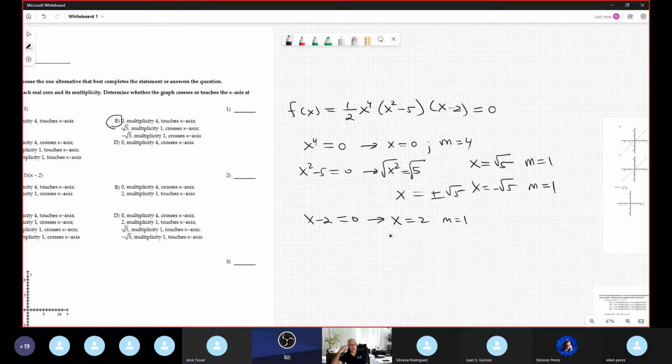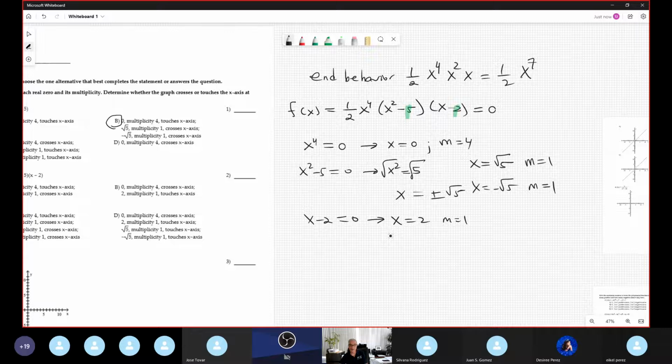And it corresponds perfectly with the end behavior. So the end behavior of this polynomial is 1/2 x to the 4th, x to the 2nd, and x. Because you consider the 5 and the 2 negligible, now this is 1/2 x to the 7th power.